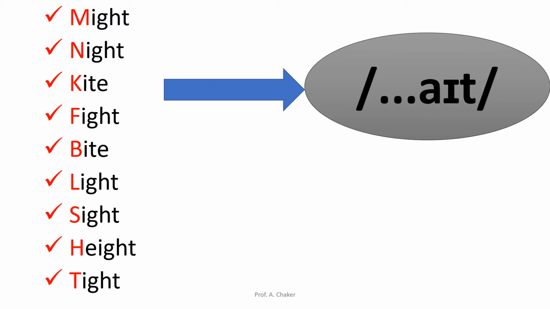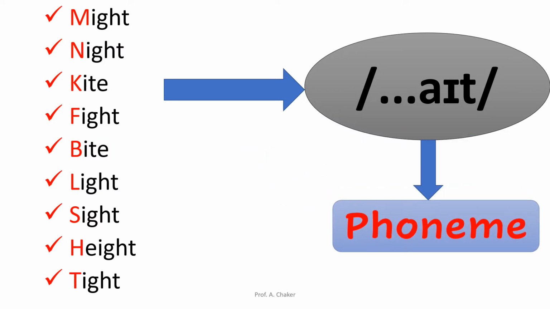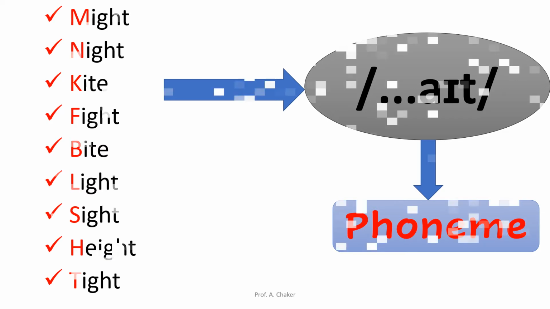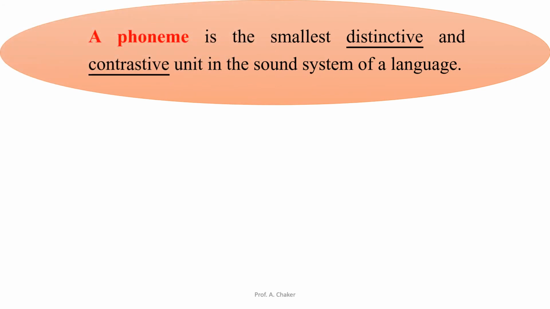So when a speech sound makes a difference between two words or three or four or whatever, this sound is called a phoneme. A phoneme. This is a definition of the phoneme. It is the smallest distinctive and contrastive unit in the sound system of a language.